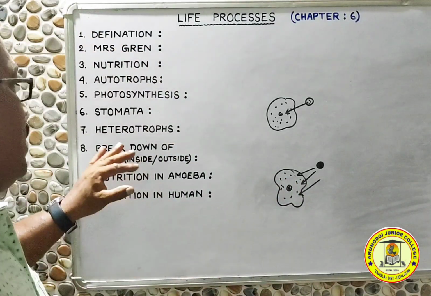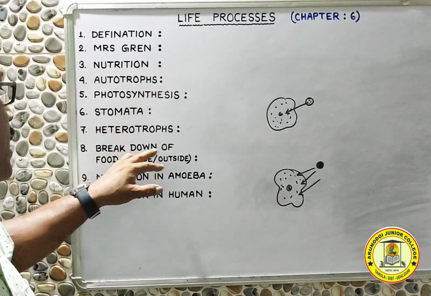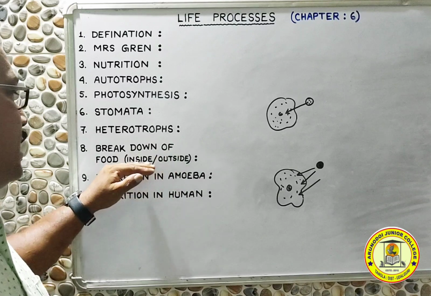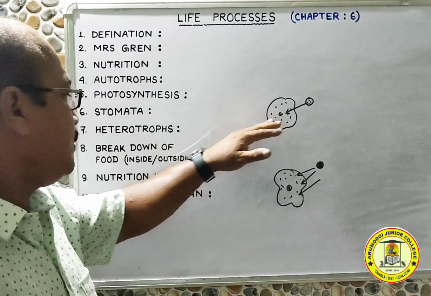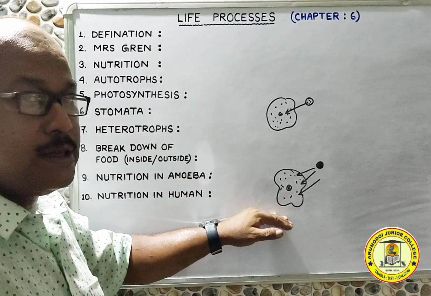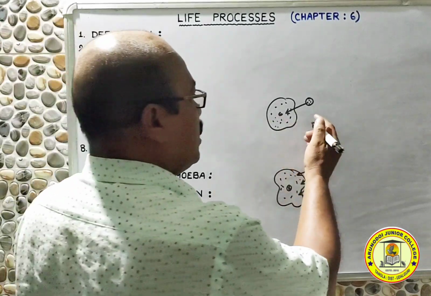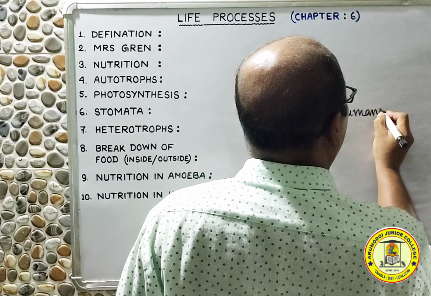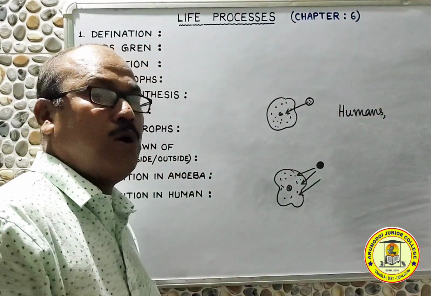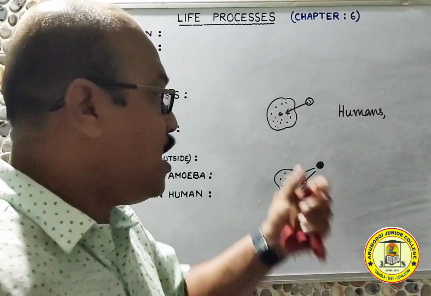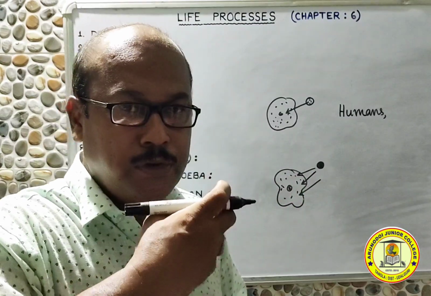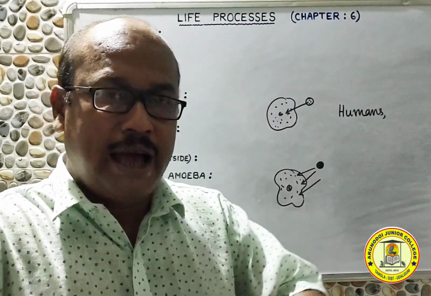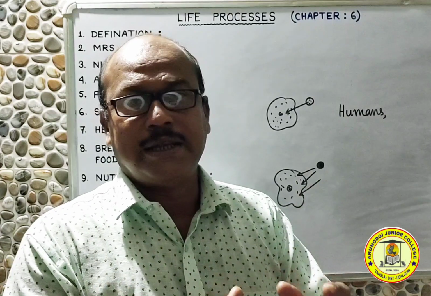So in that way, organisms may break down the food either inside their body or outside their body. Now, inside the body, food is broken down where?